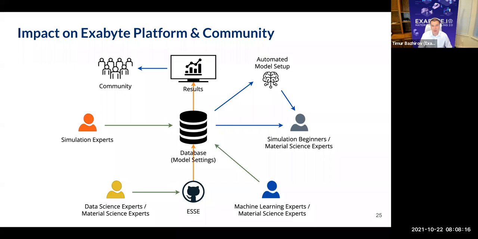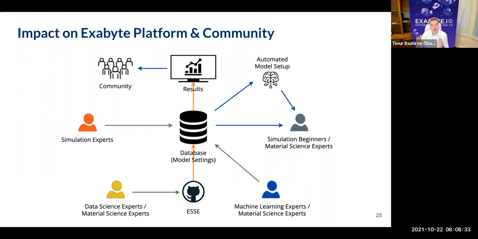Another way to contribute data is to use our Python-based toolchain. We have a tool called ExaParser that today can accept data from Quantum Espresso and VASP calculations, and it can help organize this data inside a database.